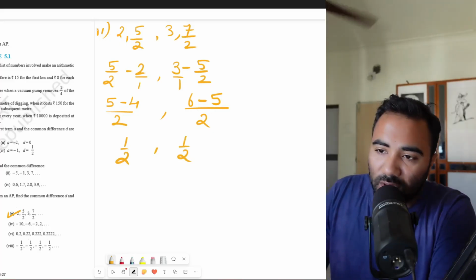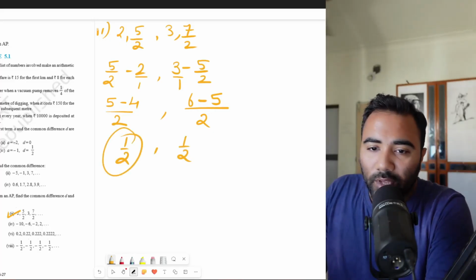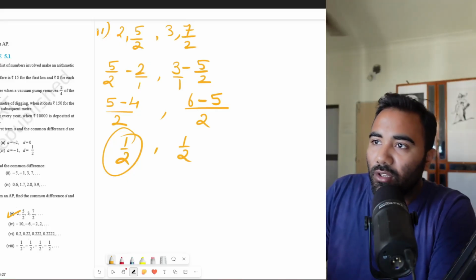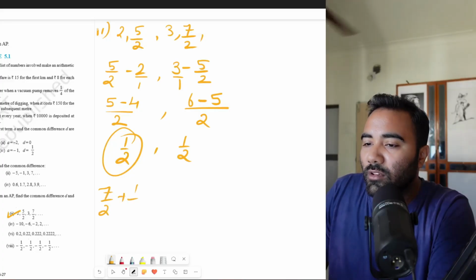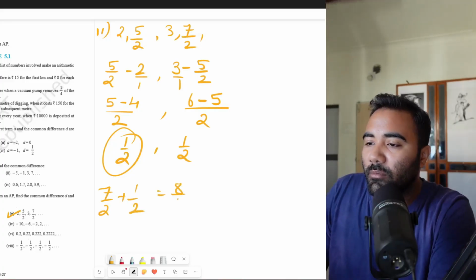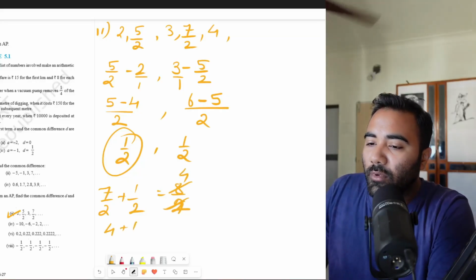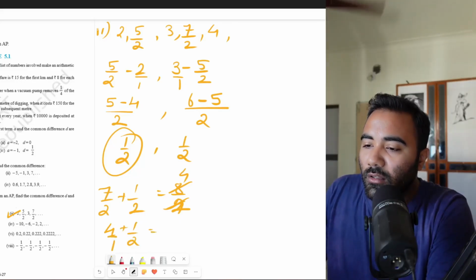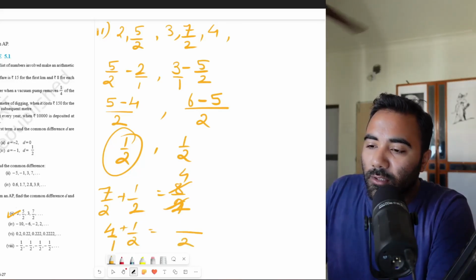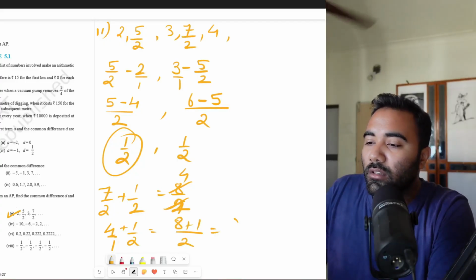Okay. Now since the common difference is 1/2, they've also asked us to find 3 more terms. Now here 7/2 plus 1/2, this gives you 8/2. 2 4s are 8, so this is 4. 4 plus 1/2, that should give you 9/2.